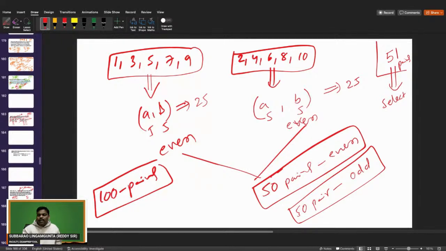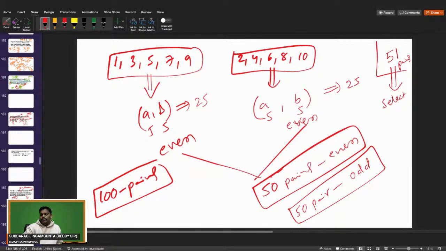Whenever we talk about the pigeonhole principle, we have already discussed this. To guarantee at least one even pair, you have to select 51 pairs, because the first 50 may be odd. If you are lucky, the first one itself is even.